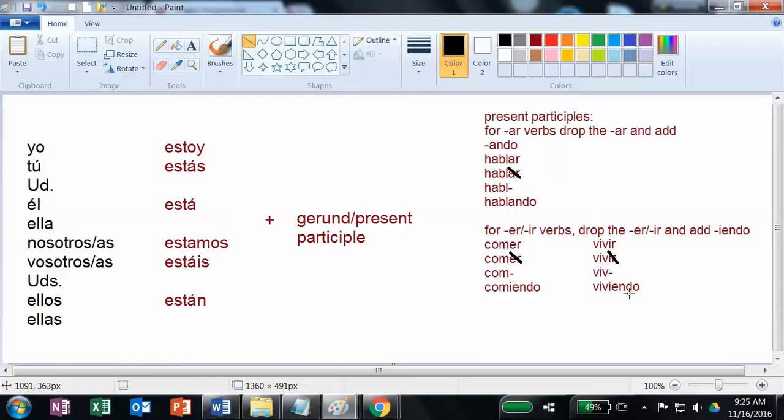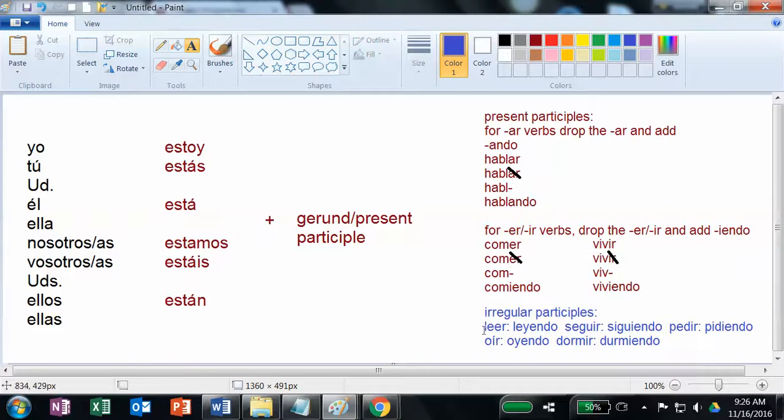There are a few irregulars. There is a rule to the irregulars, but it has to do with the preterite tense, which you don't know yet. And so I'm just going to make a list of them right here for you to look at. Okay, so the rule for the irregulars is if a verb has a stem change in the preterite tense, which is one of our past tenses that we have not learned yet, then it has that same change in its participle.